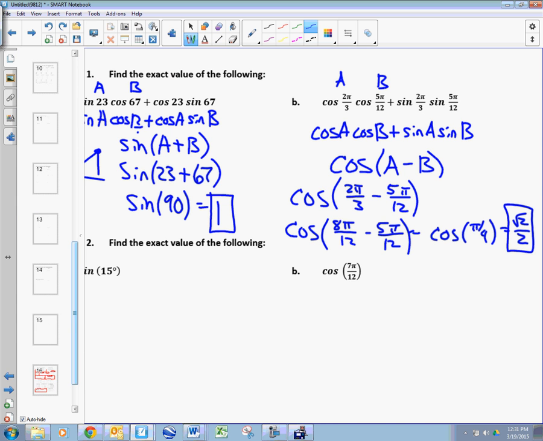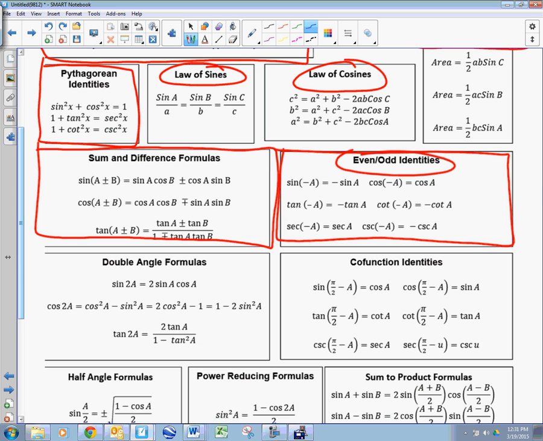Very good. As you look right here, remember, cosine of a negative angle is the same as the cosine of that positive angle. So it doesn't matter whether you came up with a negative or a positive. You can rewrite it using your odd, even identities. Pi over 4. Yep.